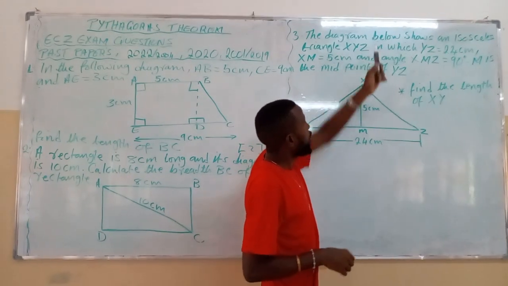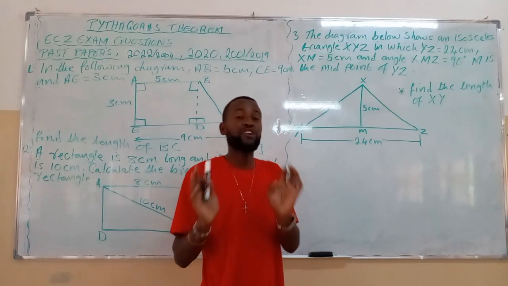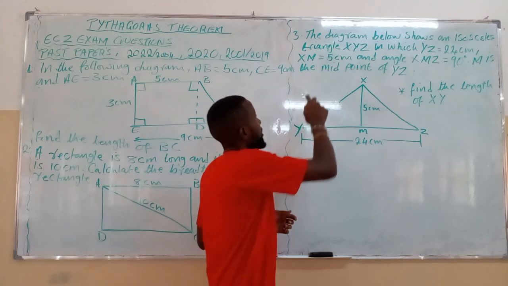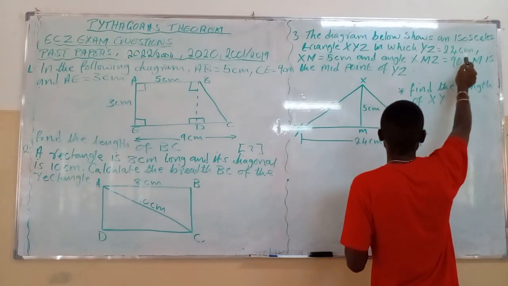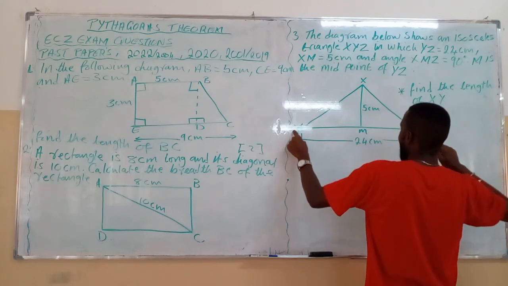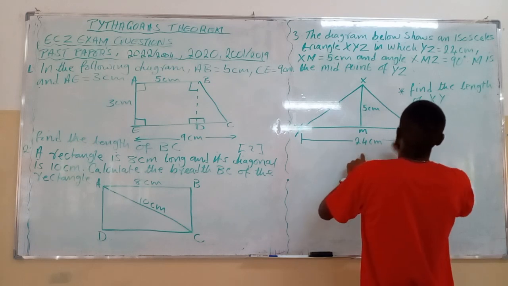The diagram below shows an isosceles triangle. An isosceles triangle has two equal sides. XYZ, in which YZ is equal to 24 cm, the whole of this distance is equal to 24 cm.